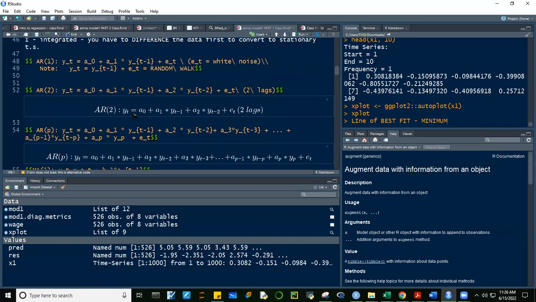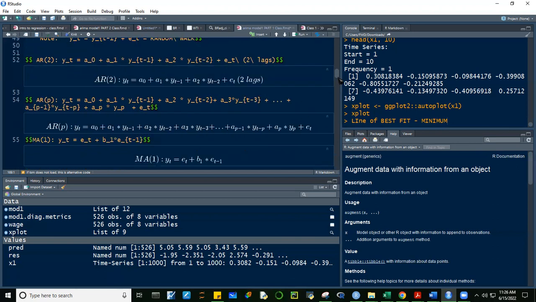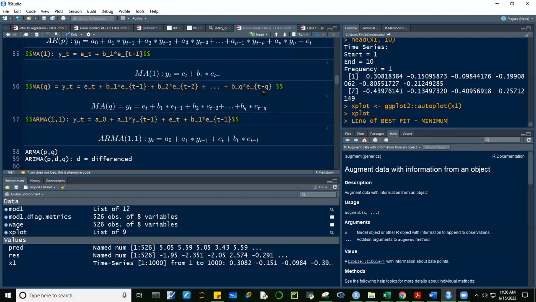An AR2 process means that you're modeling your time series based on the first and the second lags. Two lags. On the other hand, an MA process is one where you model your process based on its past error terms. So this is B1 times epsilon sub t minus 1. All right, so this is your MA process.